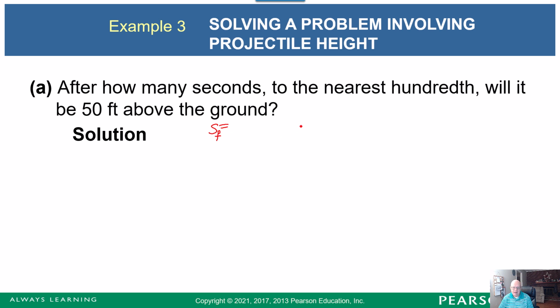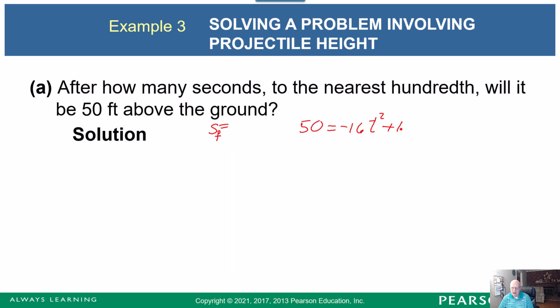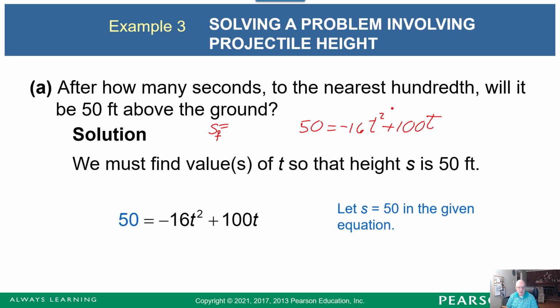Well, in this case, it'd be 50, and that's equal to negative 16t squared plus, let me check here, 100, yes, plus 100t. And we have a quadratic because we've got that t squared. So there we've got the equation.